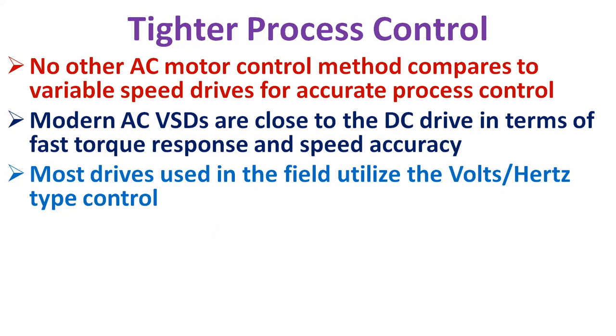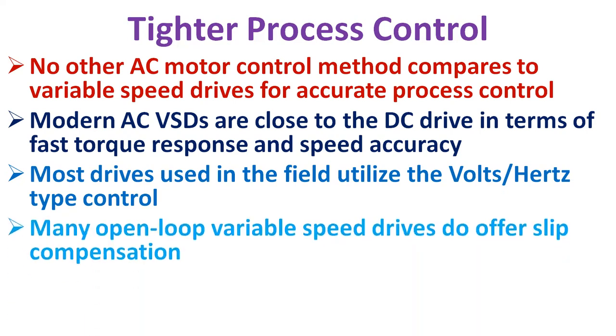Variable speed drives, on the other hand, can be programmed to run the motor at a precise speed, to stop at a precise position, or to apply a specific amount of torque. In fact, modern AC variable speed drives are very close to the DC drives in terms of fast torque response and speed accuracy. However, AC motors are much more reliable and affordable than DC motors, making them far more prevalent.